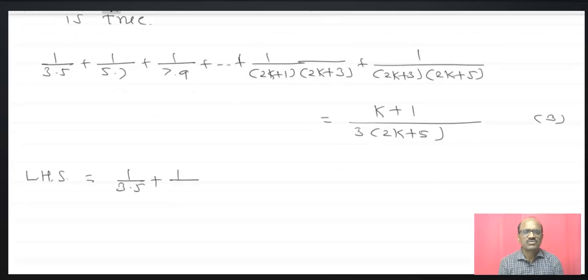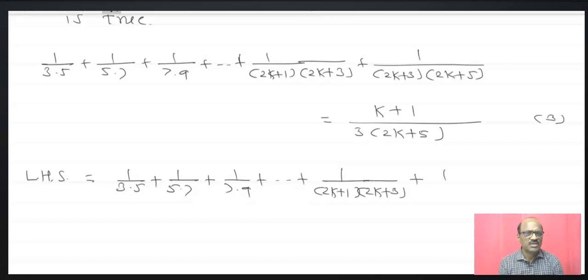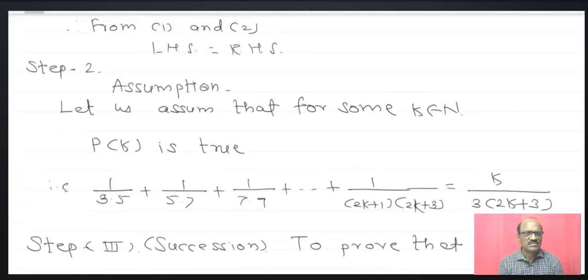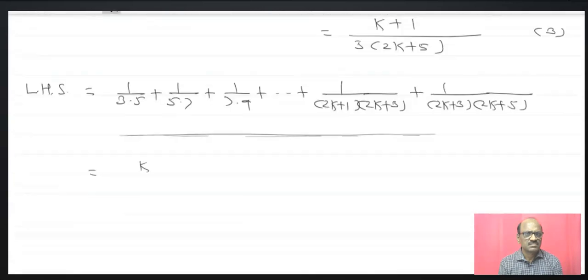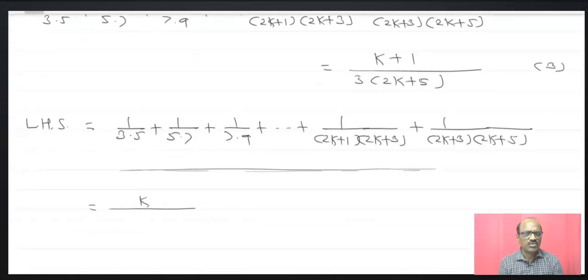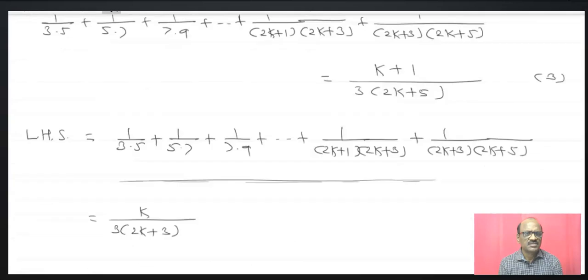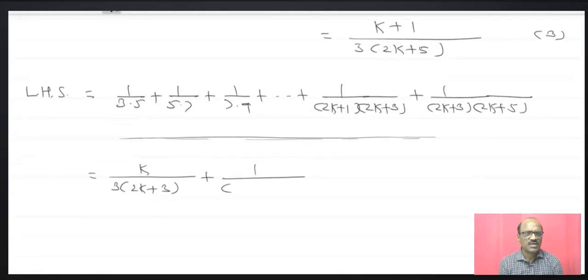Now the LHS is equal to 1 upon 3.5 plus 1 upon 5.7 plus 1 upon 7.9 plus 1 upon (2k plus 1)(2k plus 3) plus 1 upon (2k plus 3)(2k plus 5). Now see these terms. That is k upon 3 into (2k plus 3) plus 1 upon (2k plus 3)(2k plus 5).